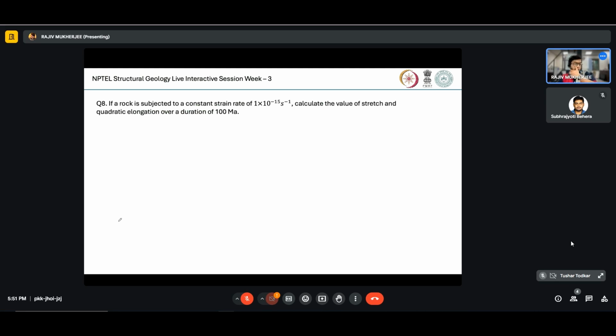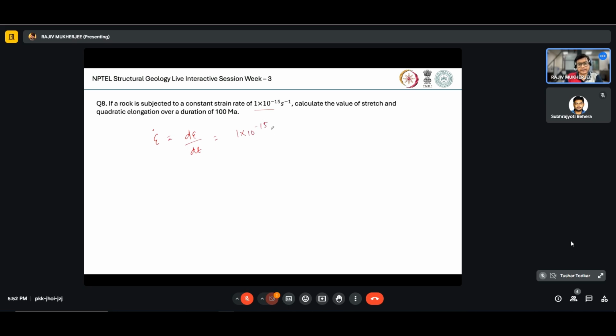Question 8 says that if a rock is subjected to a constant strain rate of 1 into 10 to the power minus 15 per second, calculate the value of stretch and quadratic elongation over a duration of 100 million years. So we have strain rate here, d epsilon dt, 1 into 10 to the power minus 15 second inverse.